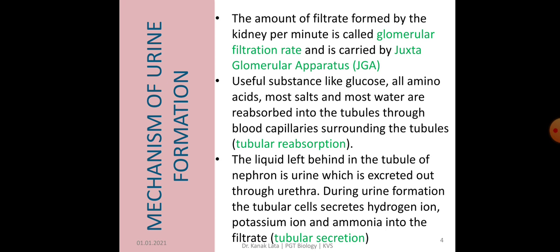Whatever liquid is left behind in the tubule of nephron is the urine, which is excreted out through the urethra. During urine formation, the tubular cells secrete hydrogen ion, potassium ion and ammonia into the filtrate, and this is called tubular secretion. Thus, it helps in maintenance of ionic and acid-base balance of the body fluid.